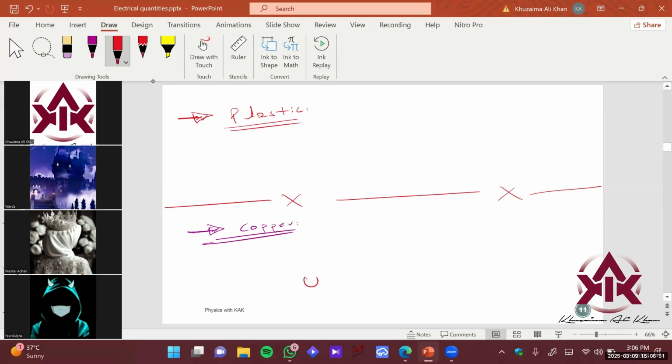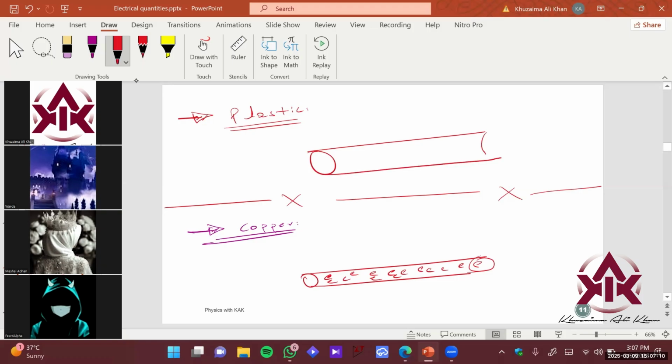Let me draw copper first. There are electrons, electrons, electrons, electrons, a sea of electrons, right? We have seen that in metals. And if I talk about a piece of plastic, it has atoms combined together.